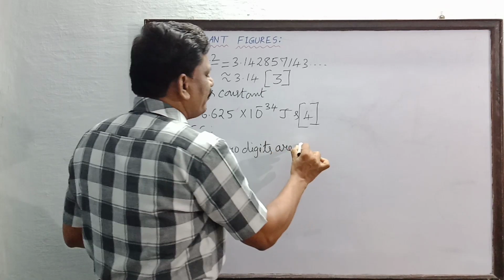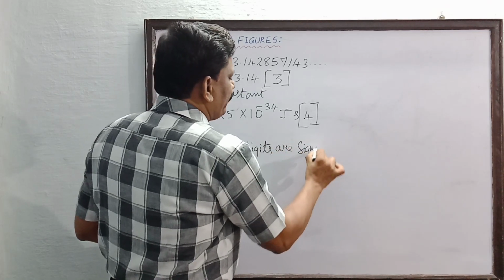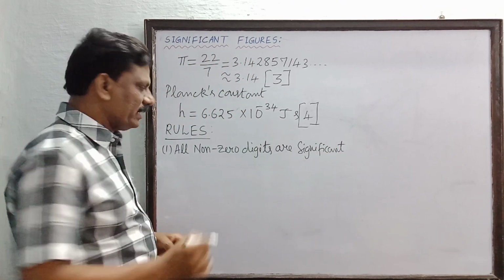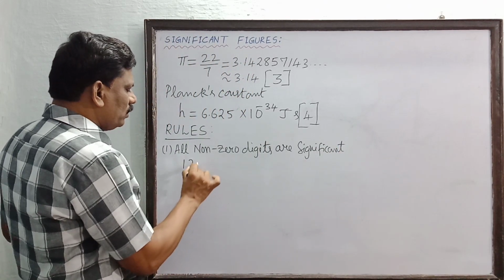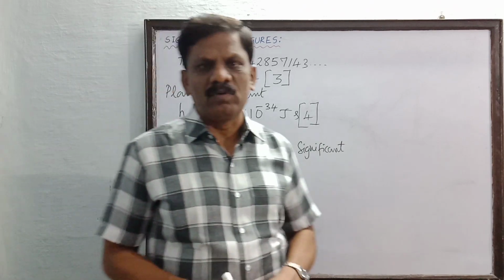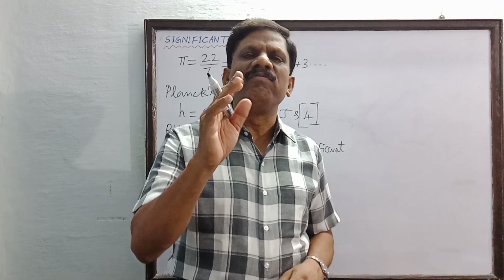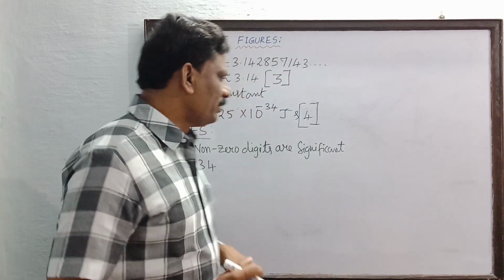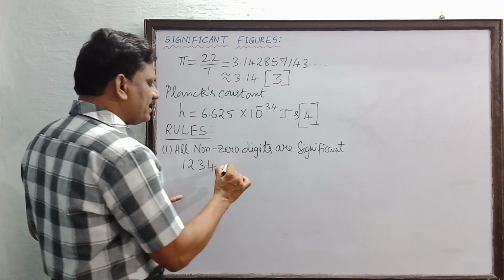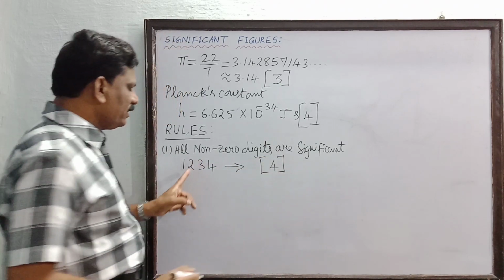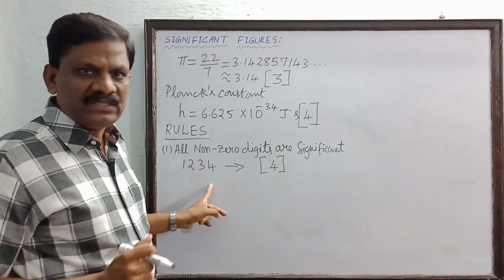This is the first rule. For example, take the number 1234. In this number, all the 4 digits are certain and meaningful. So the number of significant figures in this number is 4, because all the digits are non-zero digits.